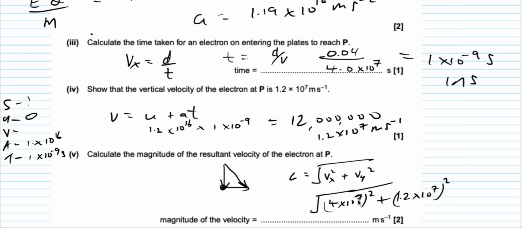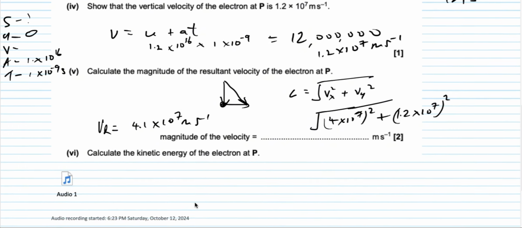Once you have done all of that and found the square root, you would see that the net resultant velocity VR is actually 4.1 times 10 to the 7th meters per second.